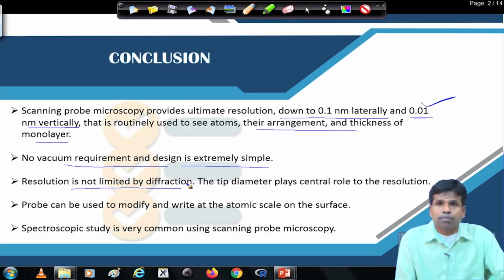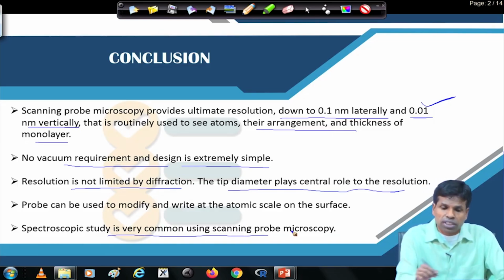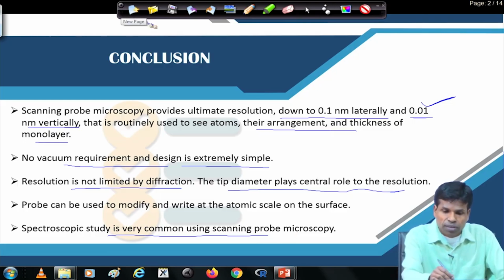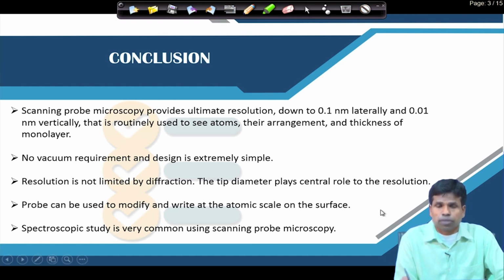Resolution is not limited by diffraction. The tip diameter plays the important role in resolution. The probe can be used to modify the surface right at the atomic scale, and spectroscopic techniques are very common with scanning probe microscopy. We will see some of these spectroscopic techniques used along with scanning probe microscopy.